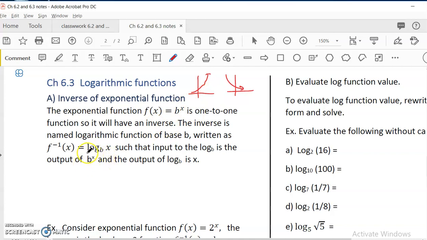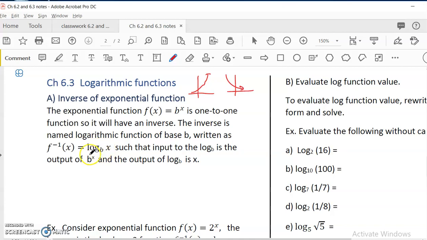The way to write this log function is different from, say, a polynomial function: if it's a square, then the inverse is the square root. But we can't do an x root, because x is a variable. Although this is an exponent, and the reverse of an exponent is a root, because the base is constant and the x is the variable, the inverse is called log base b.